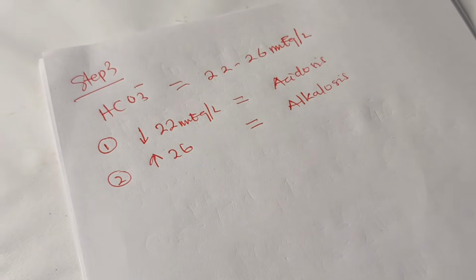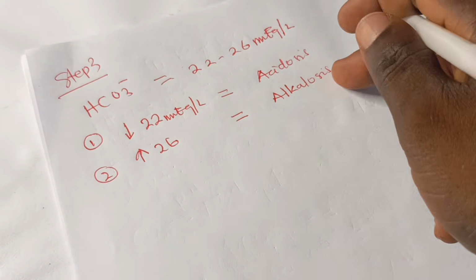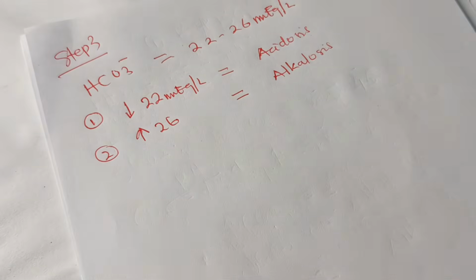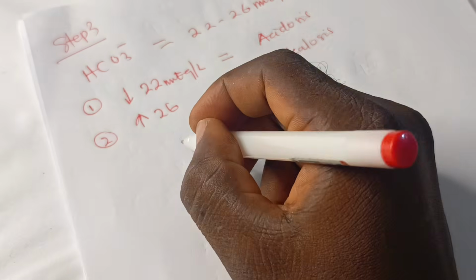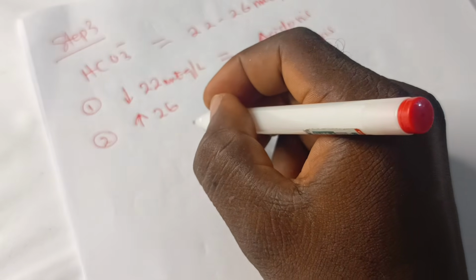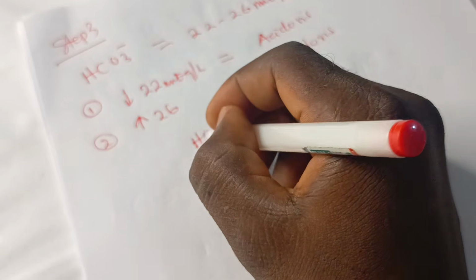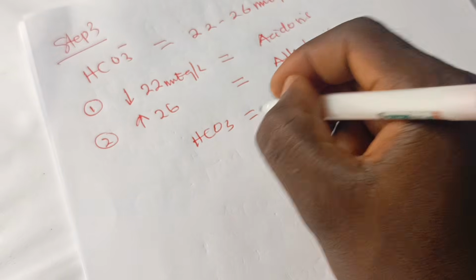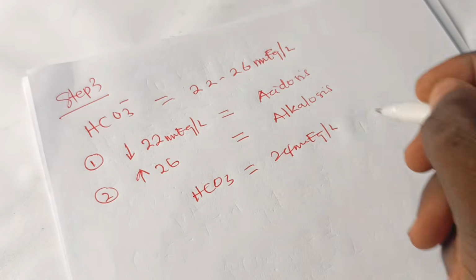So then you come and interpret this value too and ask yourself again, does it agree with what you got in the pH? Are you getting the point? So assuming we were given the same patient, let's say the HCO3 value is 24 milli equivalent per liter.